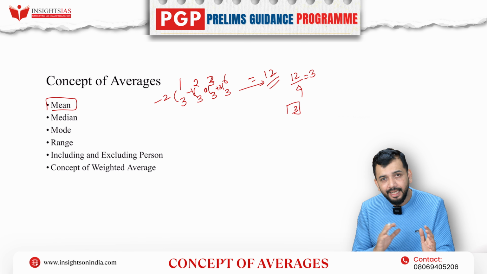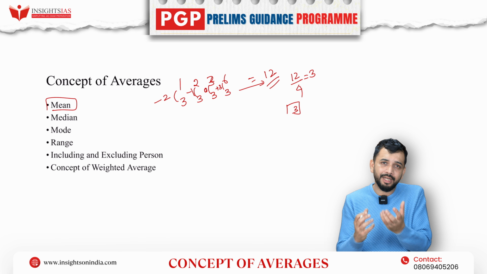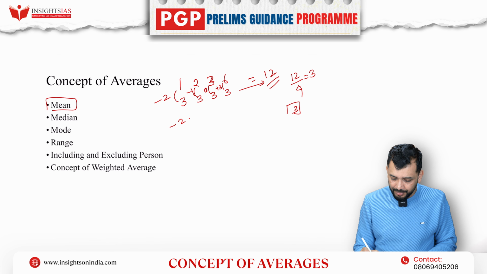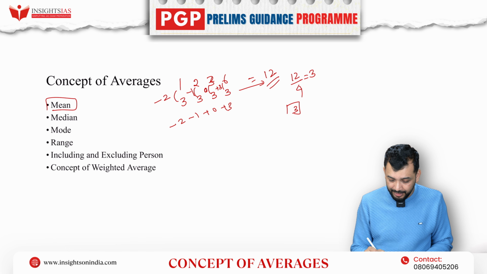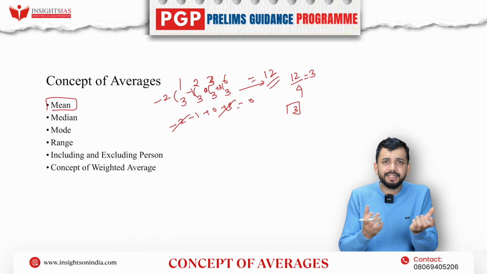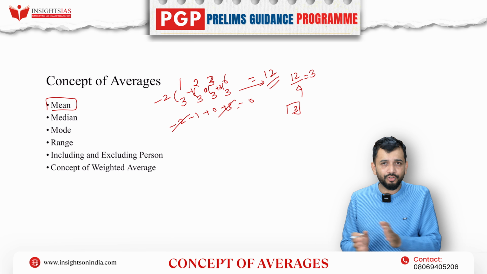So if I add the deviations, how much each individual innings has deviated from the average: minus 2, minus 1, plus 0, plus 3. Minus 1, minus 2, minus 3 and plus 3 will get cancelled. So it will be absolutely 0 deviation, because you have just distributed all innings by the average.